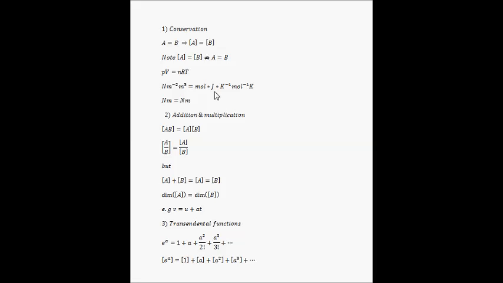Yeah, and there are a few others. Every single unit can be expressed in a set of base units. So this is how I've changed joule into Newton meters, because it can be more basically expressed in this way.